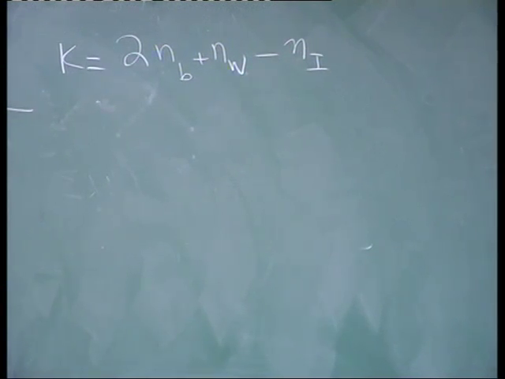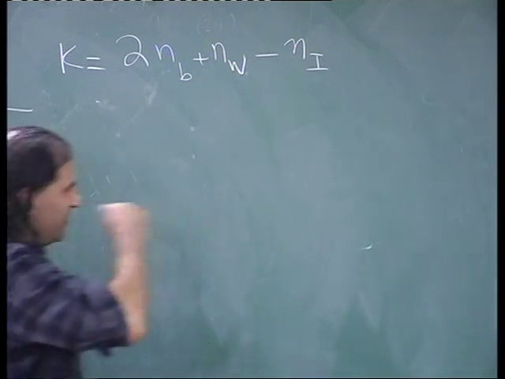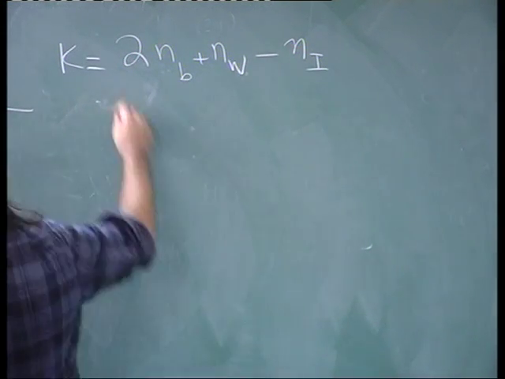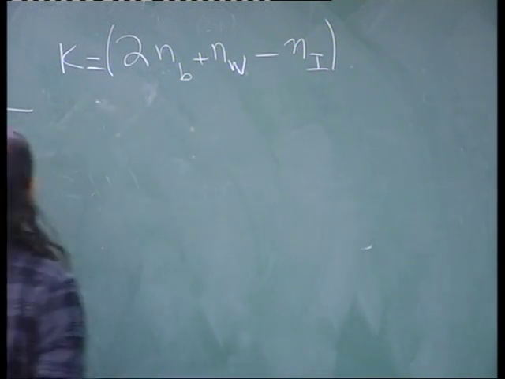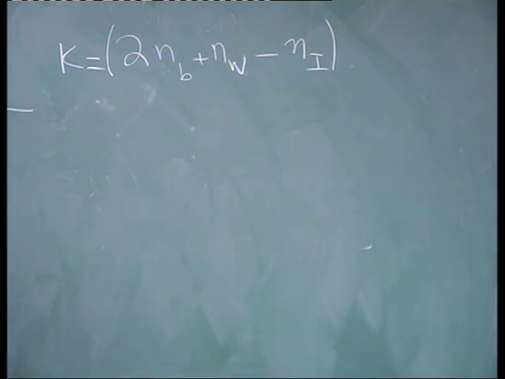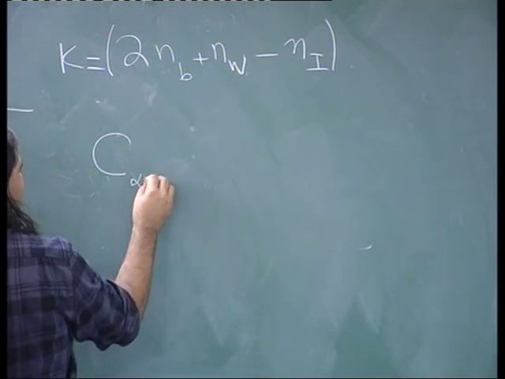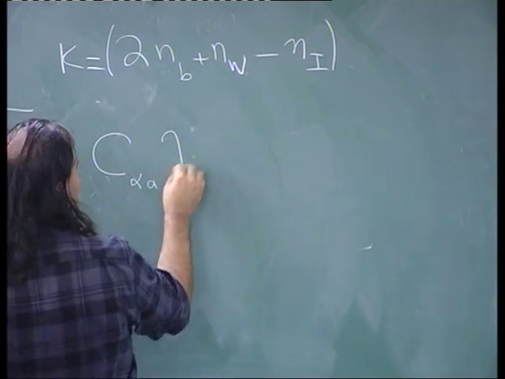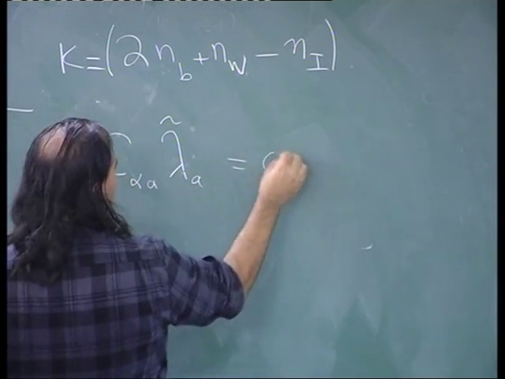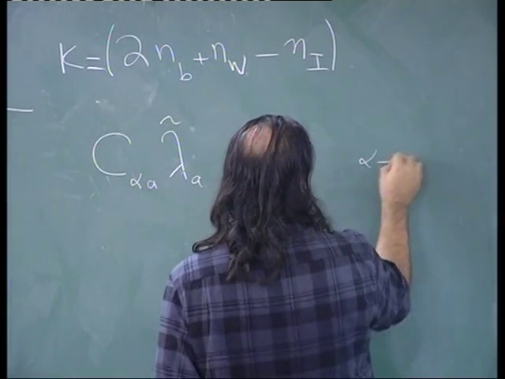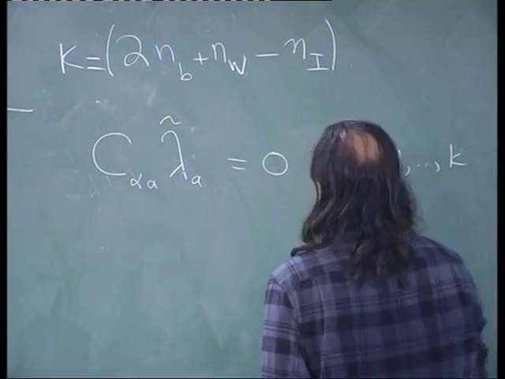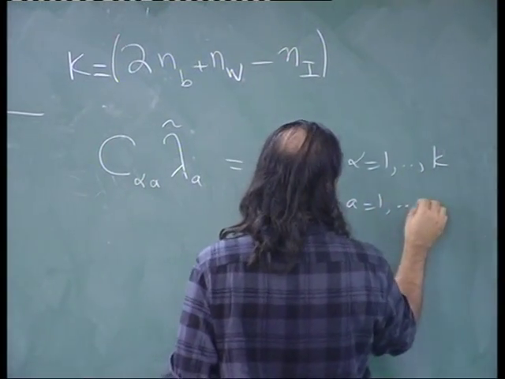So it's precisely what you'd get from the number of eta tildes counting. So you have that many equations left. And so let's just group those equations into some k equations. So I can write them as some c alpha a lambda tilde a equals 0, for alpha going from 1 to k, and a going from 1 to n.